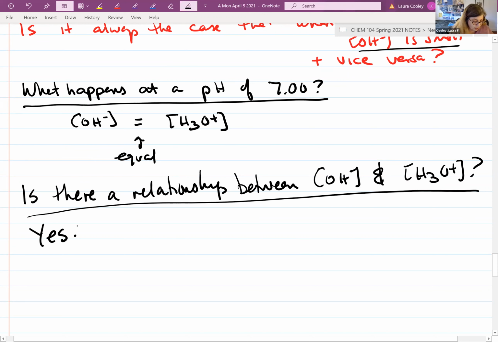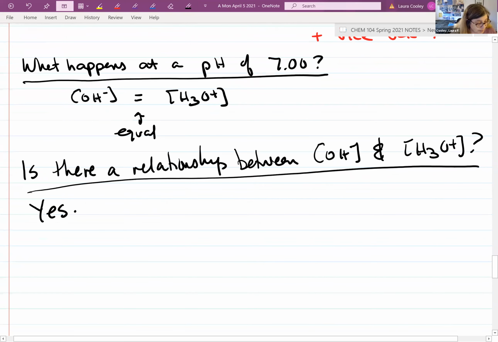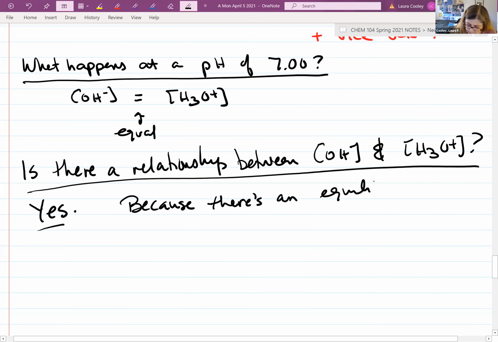And then, of course, the next question would be, why? Where does it come from? Well, it comes from a very interesting place. The answer is yes, and the reason is because there's an equilibrium involving these ions.